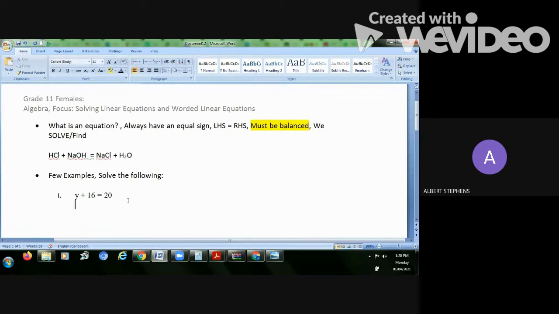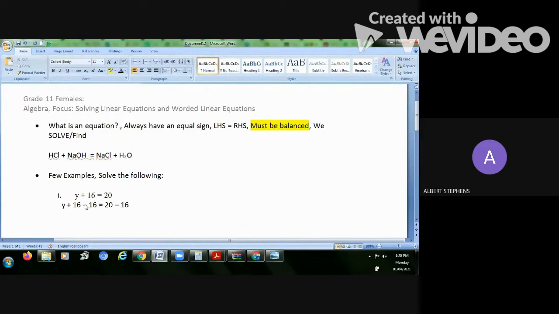Now, to solve this, what I'm going to do is get rid of this 16 on the left-hand side. To get rid of 16, I'm going to subtract 16 on the left. So because I subtract 16 on the left, I have to subtract 16 on the what?